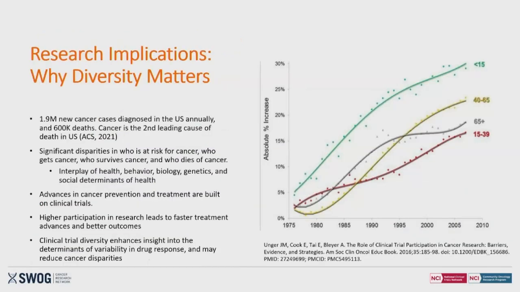So the research implications. We know that certain groups in the US experience cancer disparities because they are more likely to encounter obstacles in getting healthcare.